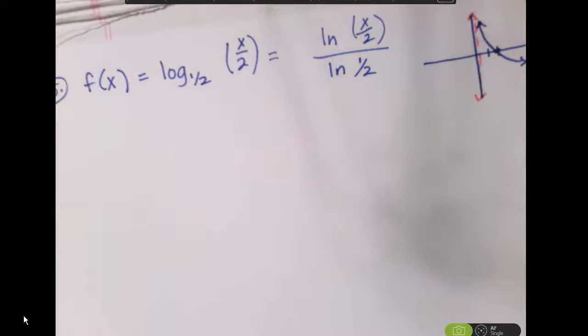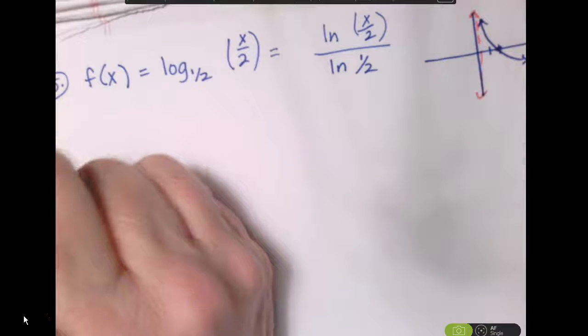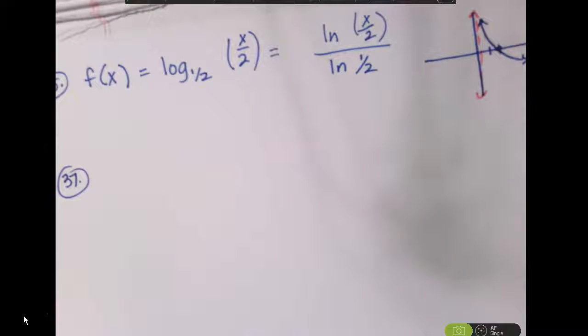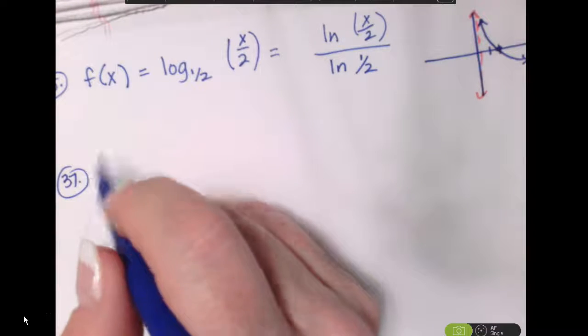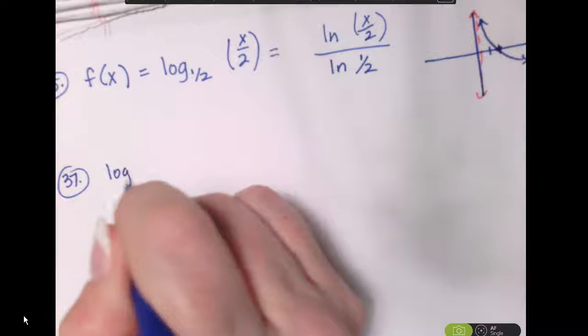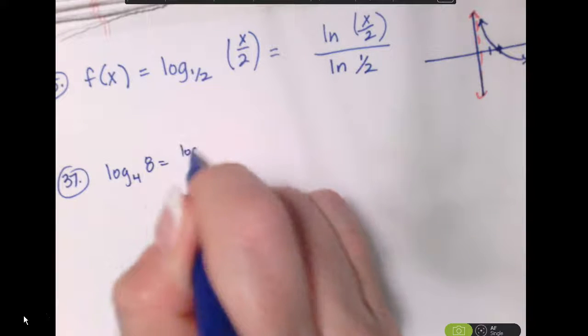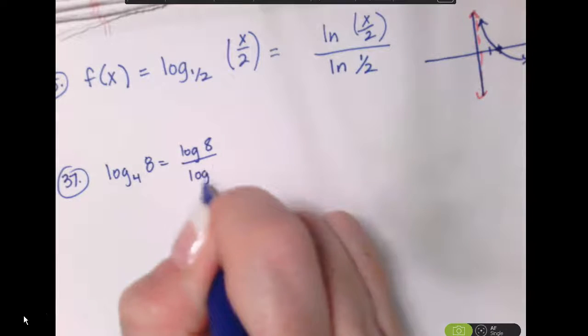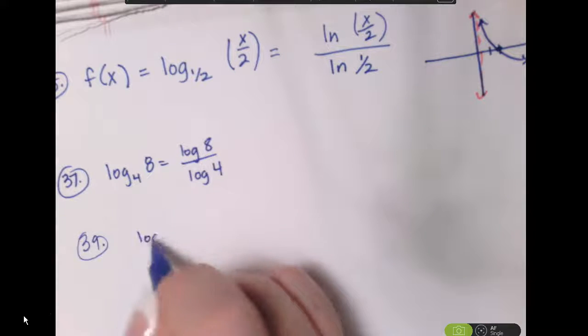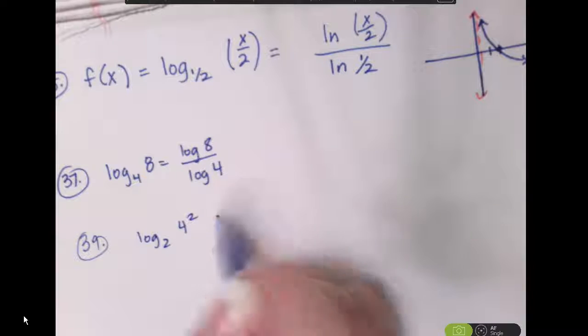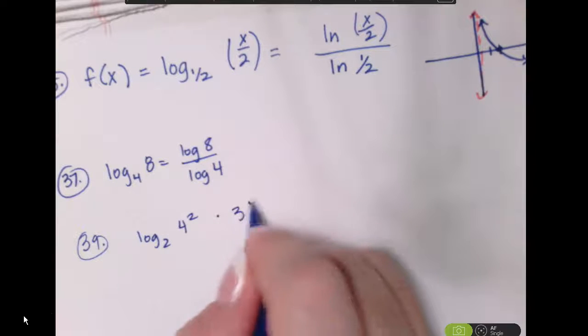Alright, number 37. We're going to simplify the logarithm using the properties. So log base 4 of 8 is log of 8 over log of 4. And 39, log base 2 of 4 squared times 3 to the 4th.